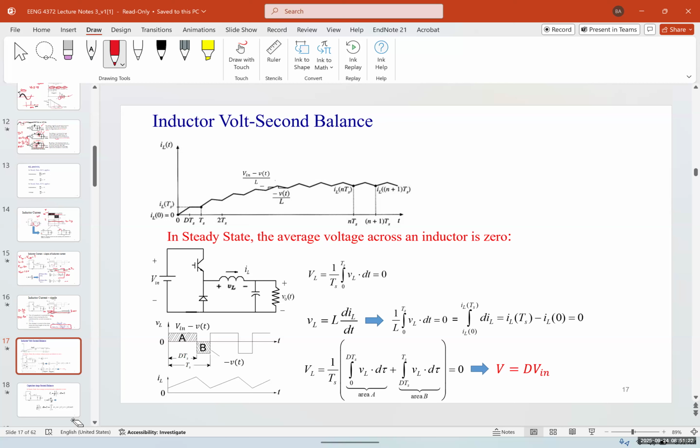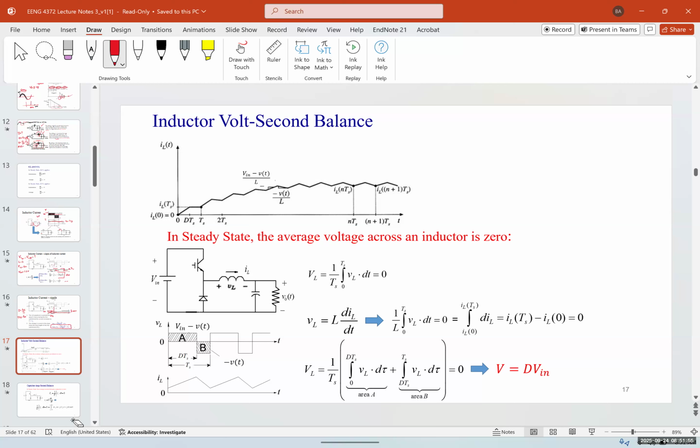And we can prove that using the equation VL is 1 over Ts, the integral from 0 to Ts of VL dt, which is going to be equal to 0. VL would be L di over dt. If we calculate that, it's going to be 1 over L, the integral from 0 to Ts of VL dt, which is equal to 0. Therefore, IL(Ts) minus IL(0) is equal to 0.